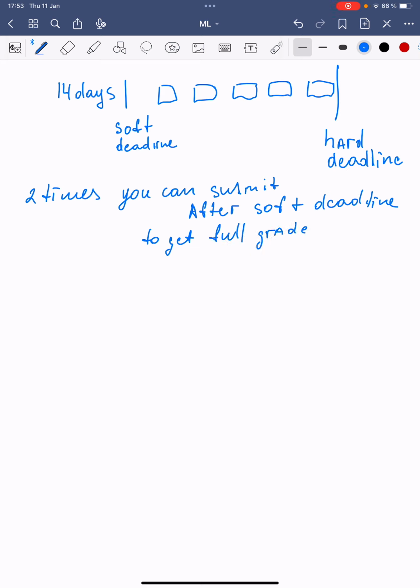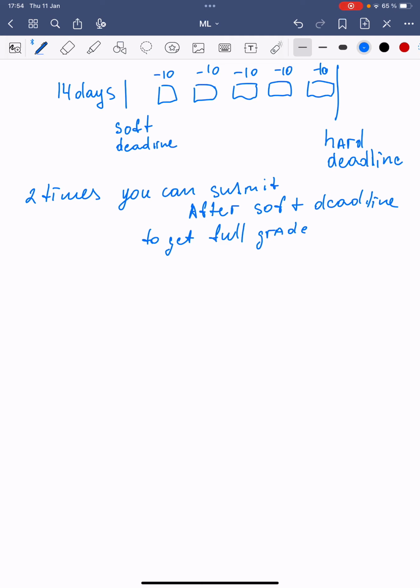What do I mean? Generally, in between the soft deadline and the hard deadline there are 5 days, and each day makes minus 10 points reduction. And after hard deadline you cannot submit, you just receive 0. So 2 times throughout the course, 2 homeworks, you're allowed to submit in between the soft deadline and the hard deadline to get the full grade.